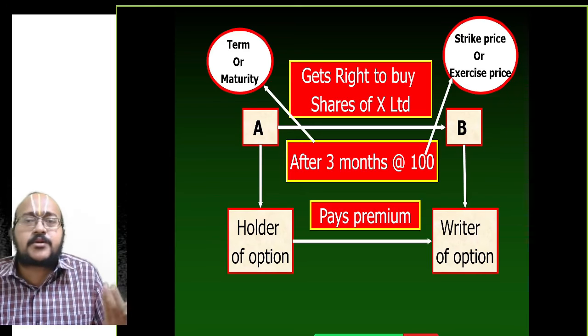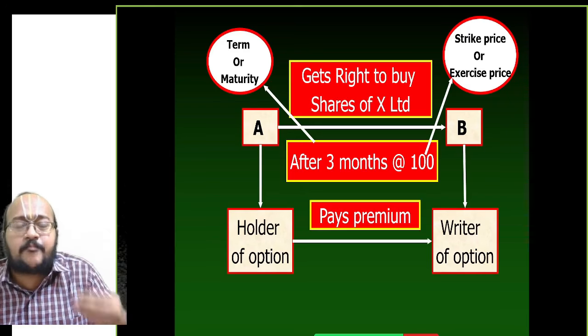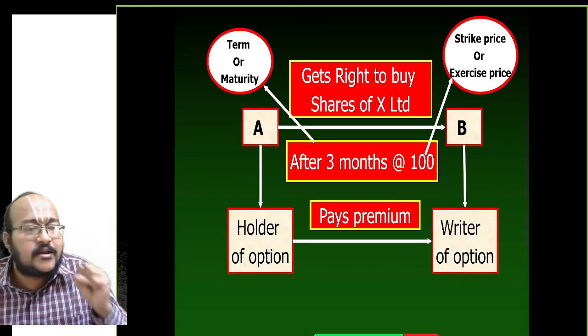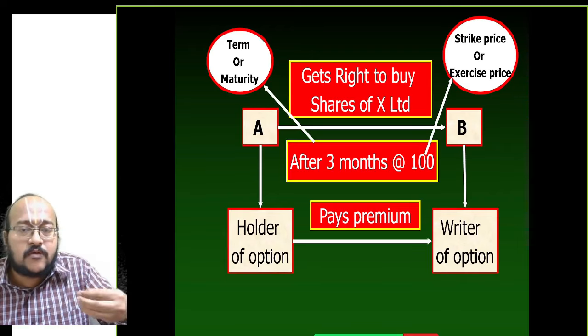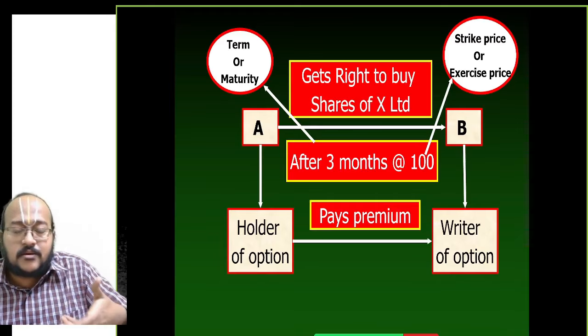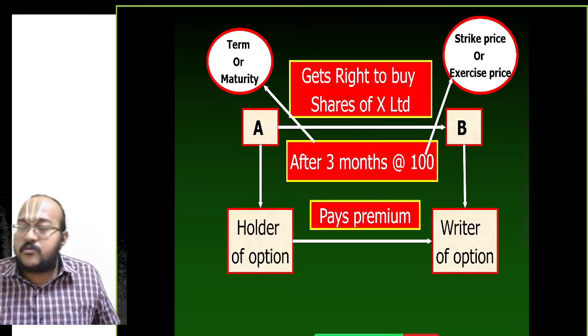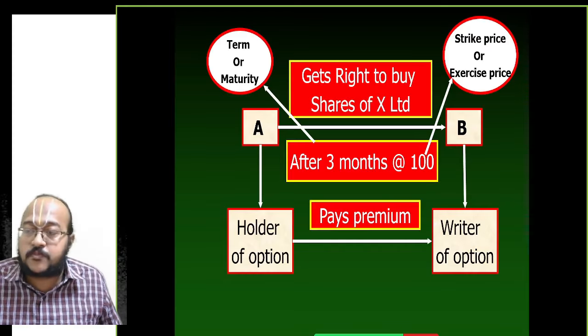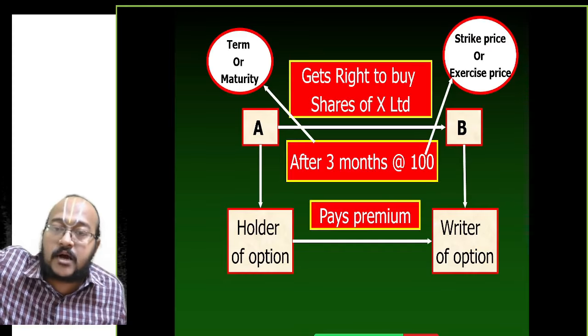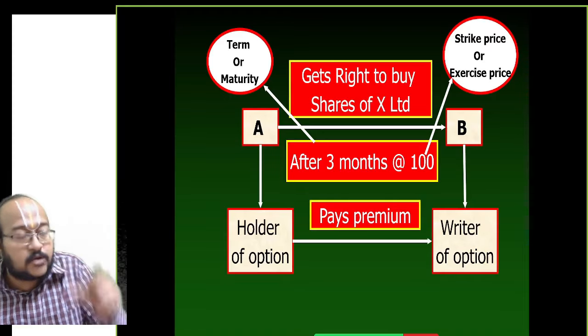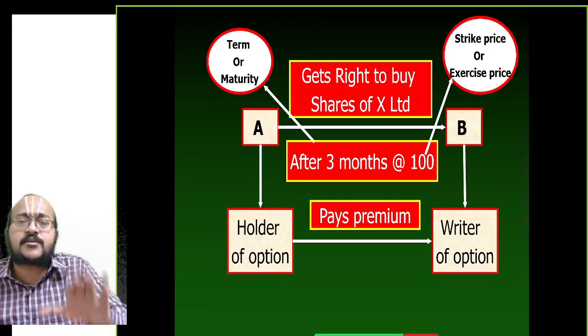Just like stock options, employee stock options, wherein the employer will give the option to buy the shares of the company at a lower exercise price, which means whatever the share price in the market, they will give you the right to buy the shares at a lower price.